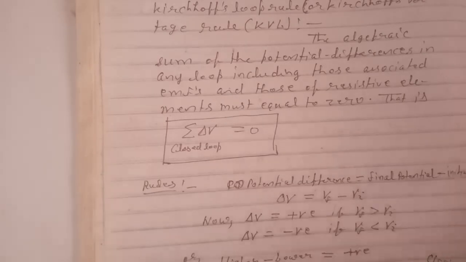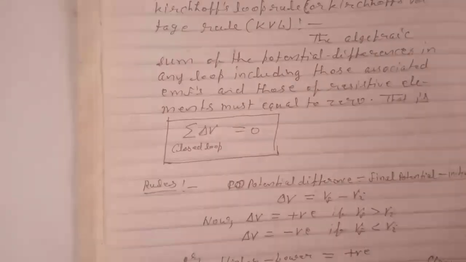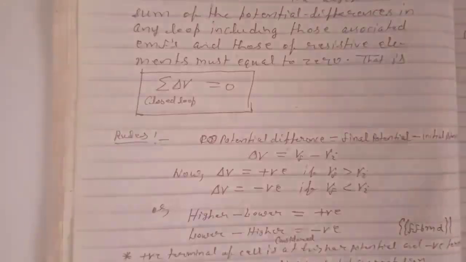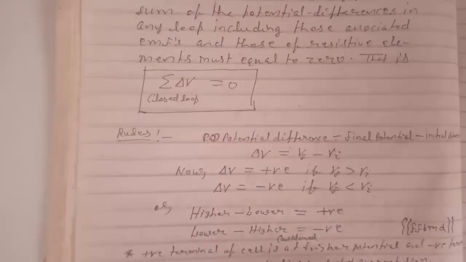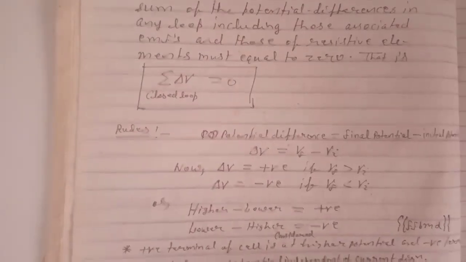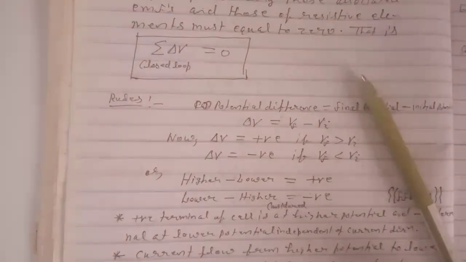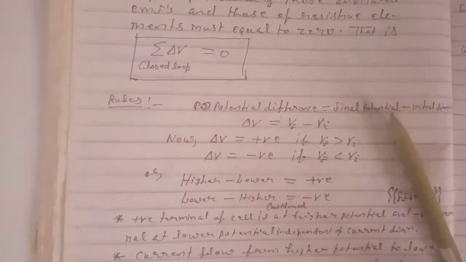We have to know the rules so that there is no confusion in taking the direction of potential or EMF, where it will be positive and where it will be negative. If we follow these rules, then it will be easy to apply Kirchhoff's loop rule, or KVL.